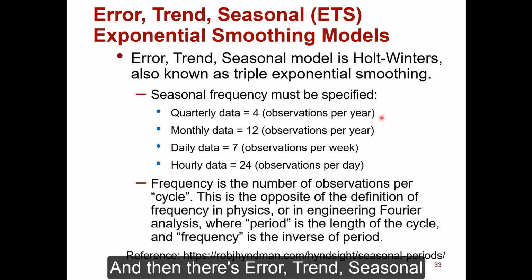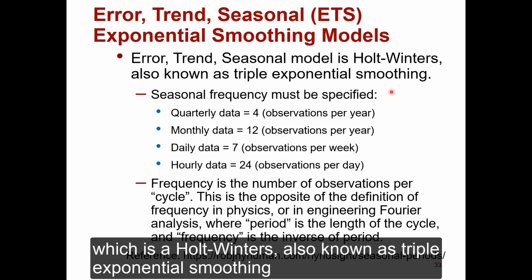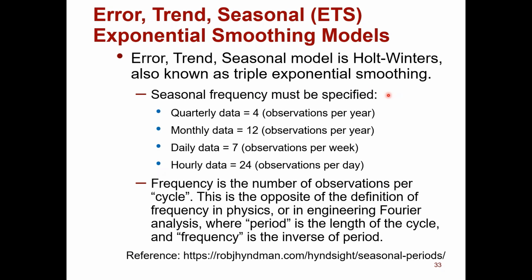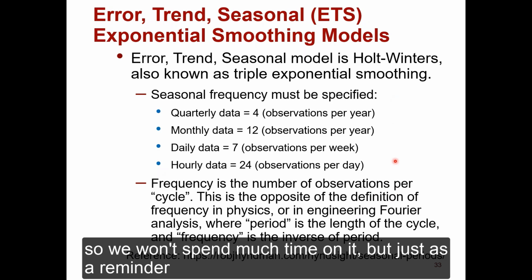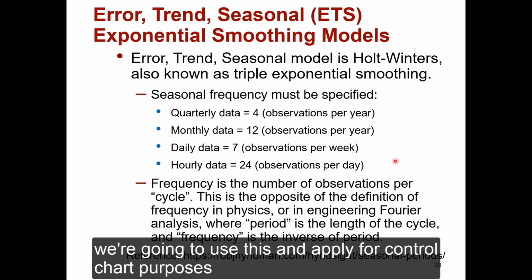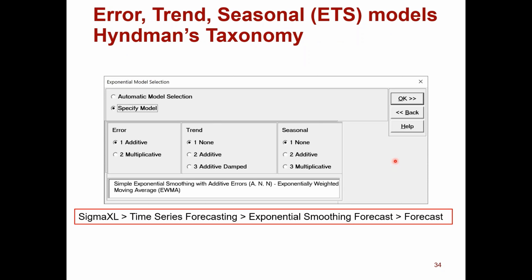And then there's error trend seasonal, which is Holt-Winters, also known as triple exponential smoothing. Again, we discussed this in part 2, so we won't spend much time on it, but just as a reminder, we're going to apply it for control chart purposes.